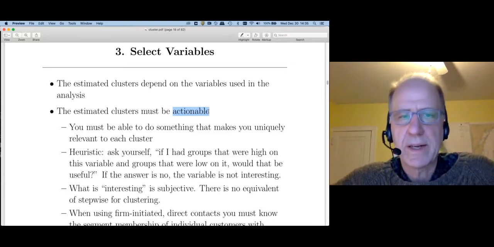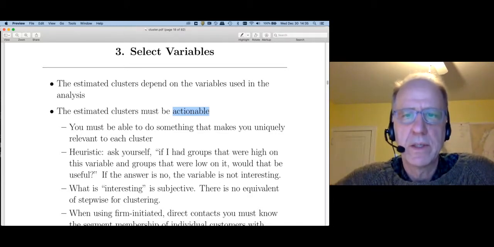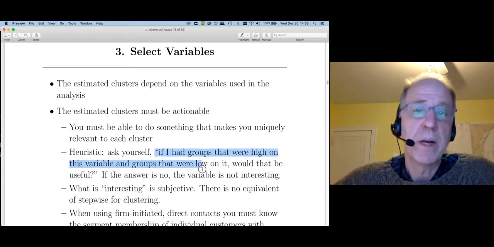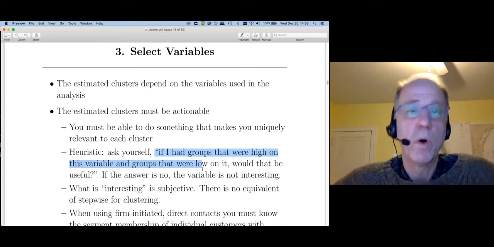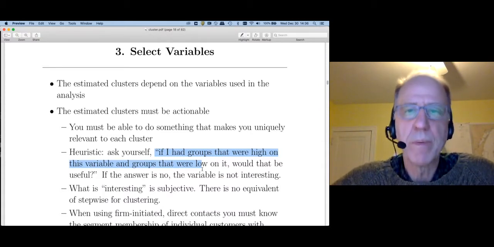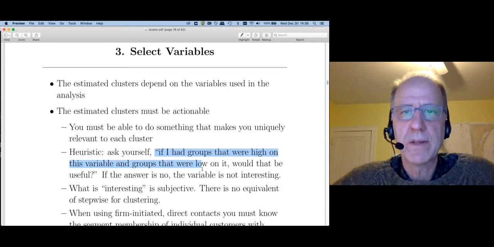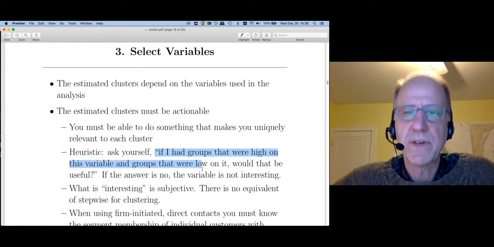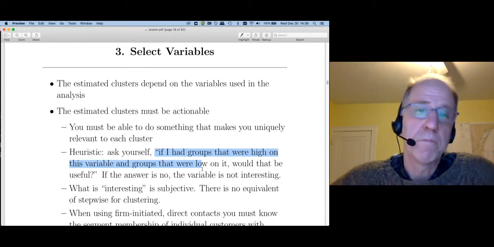A heuristic that I commonly use is this. If I had groups that were high on this variable and other groups that were low on it, what would I do with that? And if I can't think of anything interesting, then that's probably not a good variable. On the other hand, if I can think of specific things that I would do, then it's probably a good variable.